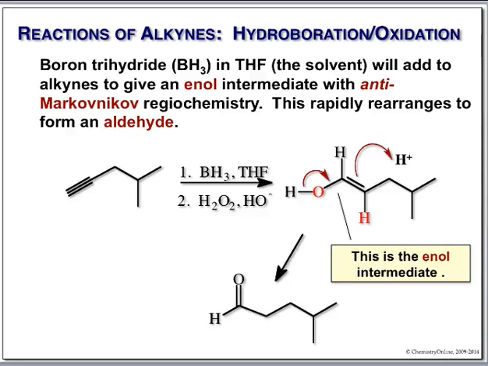For both of them, you're adding water, but for this one, you form a boron intermediate, but we get rid of it with the oxidation step. So with an alkene, go back to last chapter, we can make alcohols, Markovnikov or anti. Markovnikov, we use mercury acetate. Anti, we use hydroboration. So that's the same thing you have to remember.